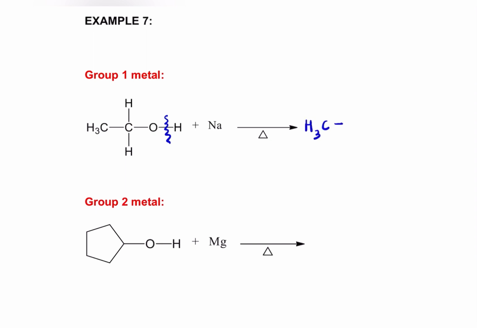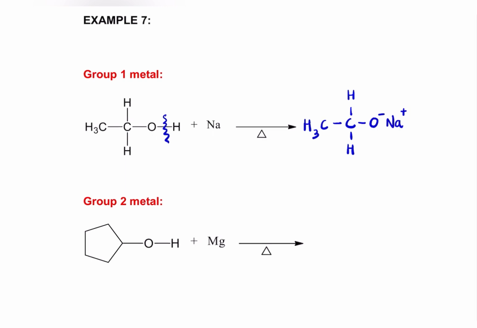So I will have this structure as my product with O-, and you have to understand as before, O- will attract or pull Na+ from Na metal. So I will have Na+ close together with O-.